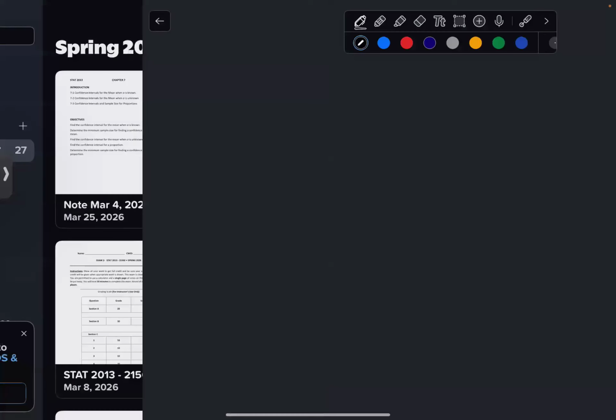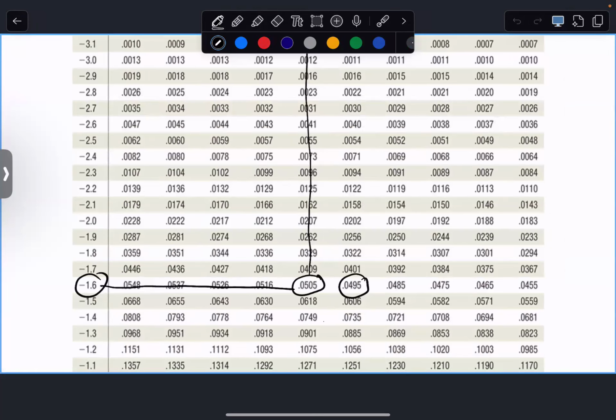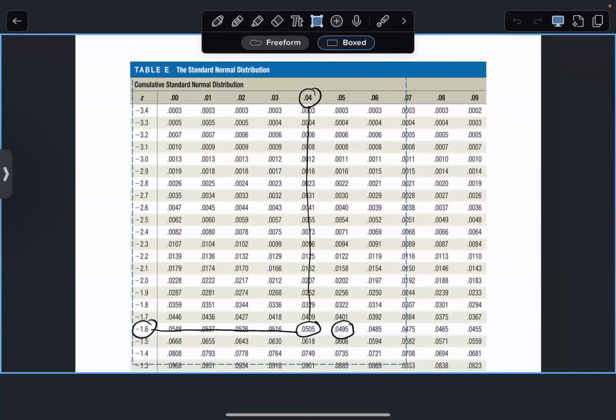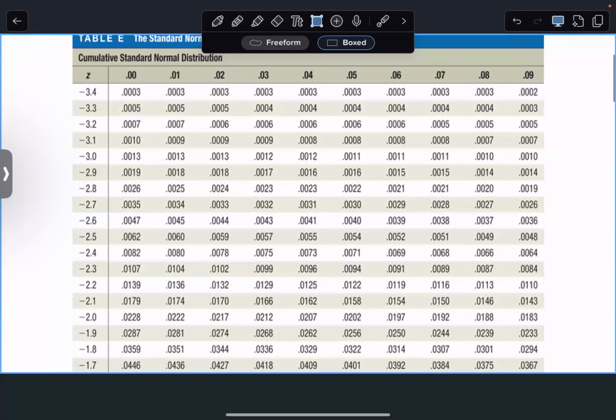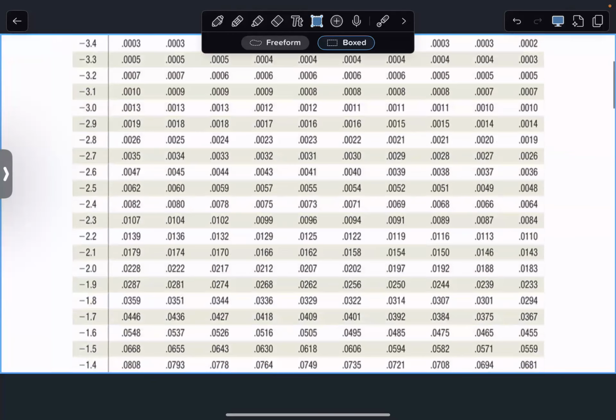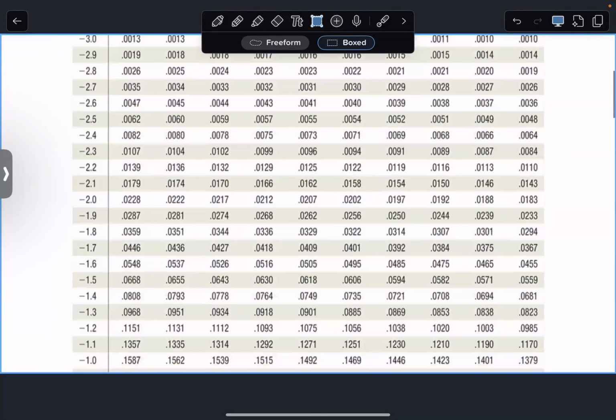So we go to our Z table and look for 0.025.